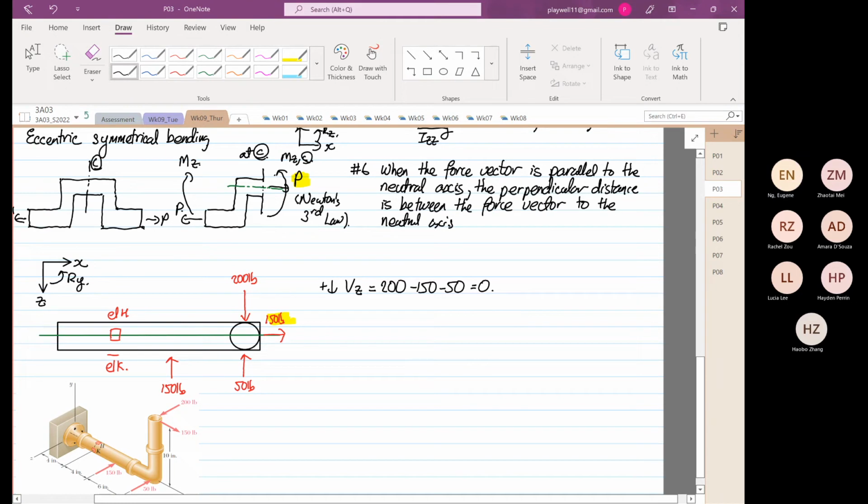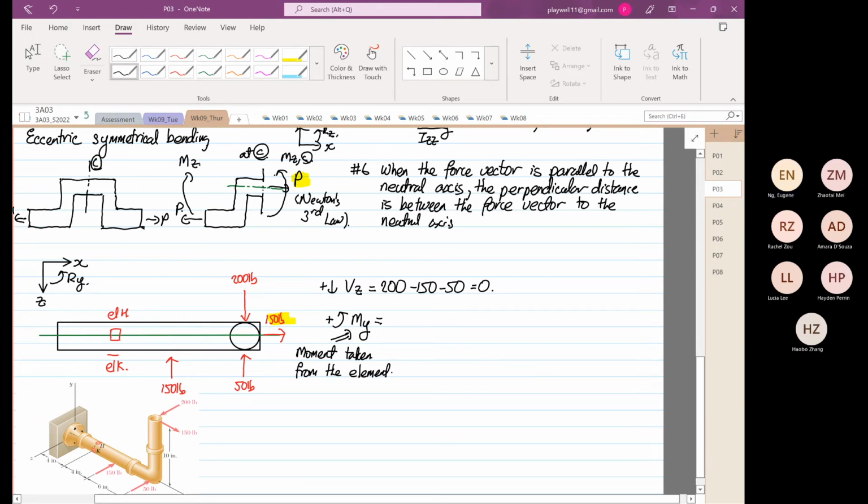So the next thing is we're going to take the moment about y. In the y-axis, I'm going to declare that going anti-clockwise is positive. So as I said, all these I'll put down here: moment taken from the element.